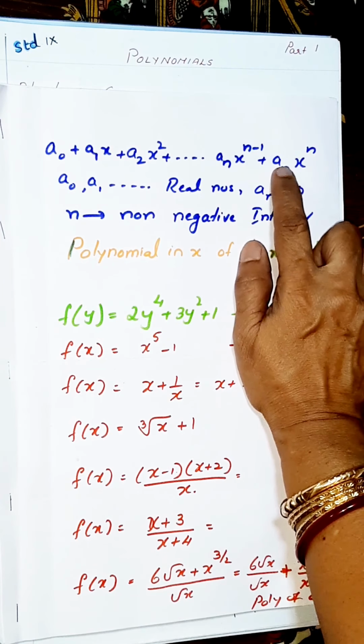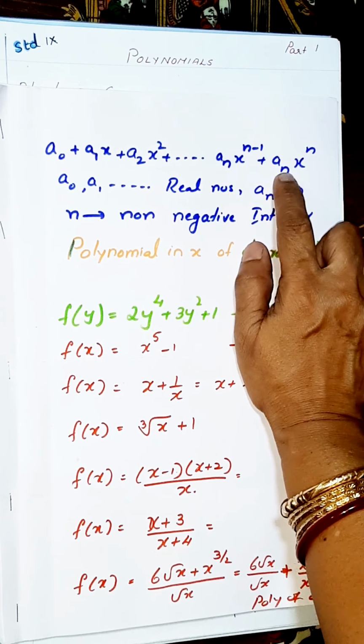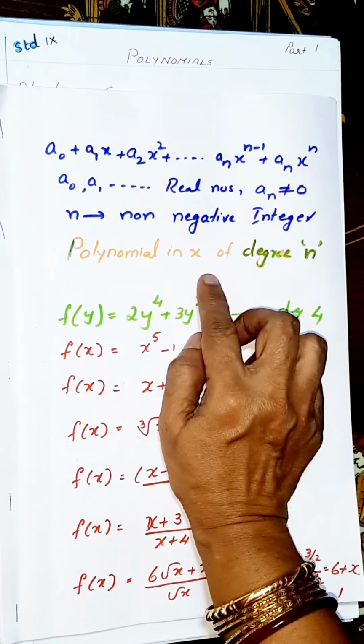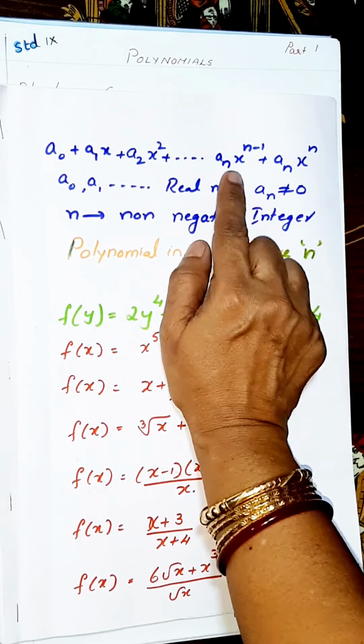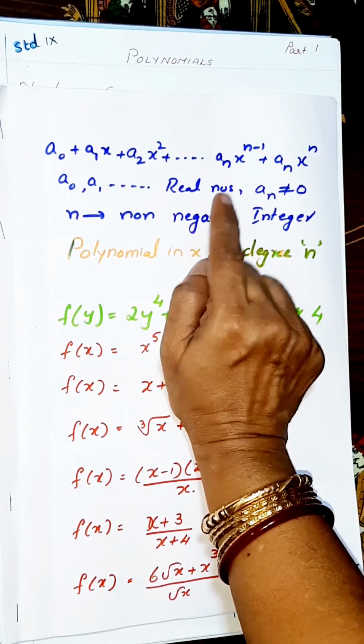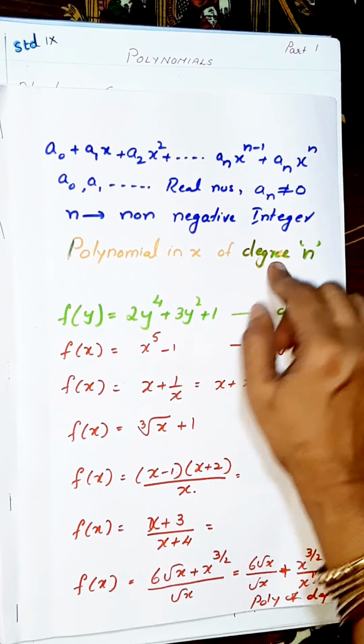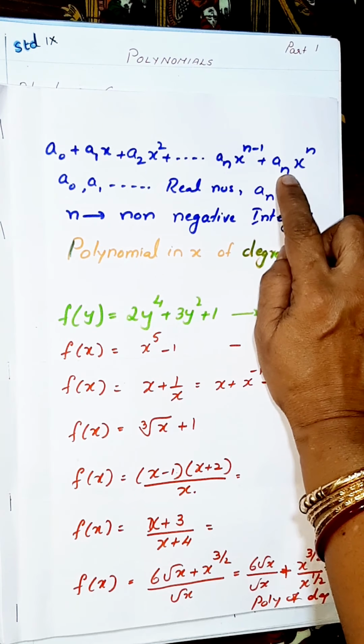If this term becomes 0, then you don't have this term at all, and your polynomial will become a polynomial in x of degree n minus 1. So if you want a polynomial of degree n, that coefficient should not be 0.